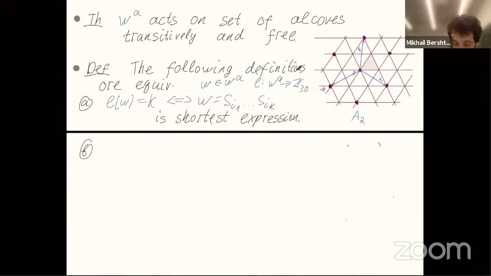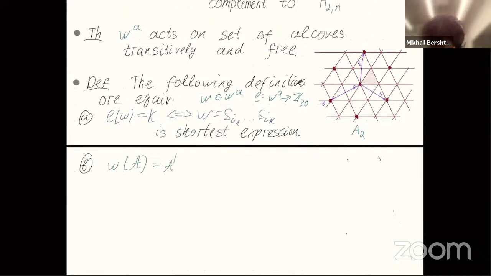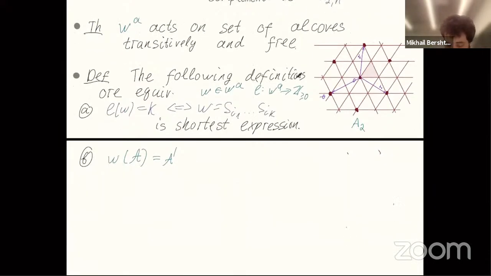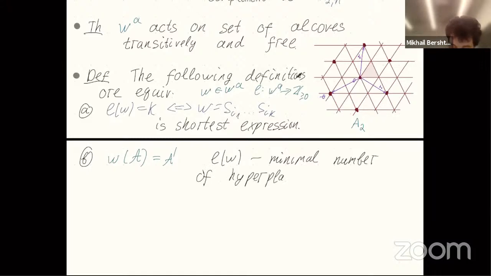B: let w(A) = A prime, where by A I denote the fundamental alcove. Then l(w) is the minimal number of hyperplanes to cross from A to A prime.